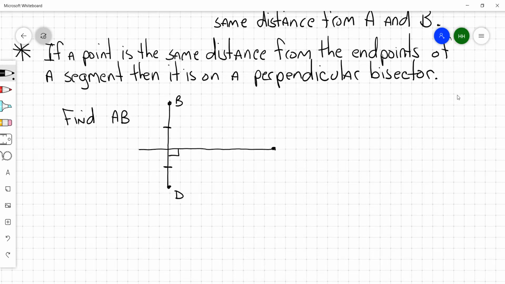Here's point A. And A to D is 4.1. And you need to find A to B. So since A is on the perpendicular bisector of segment BD, then A is the same distance from B as it is from D. So how far is it from A to B? That's 4.1.